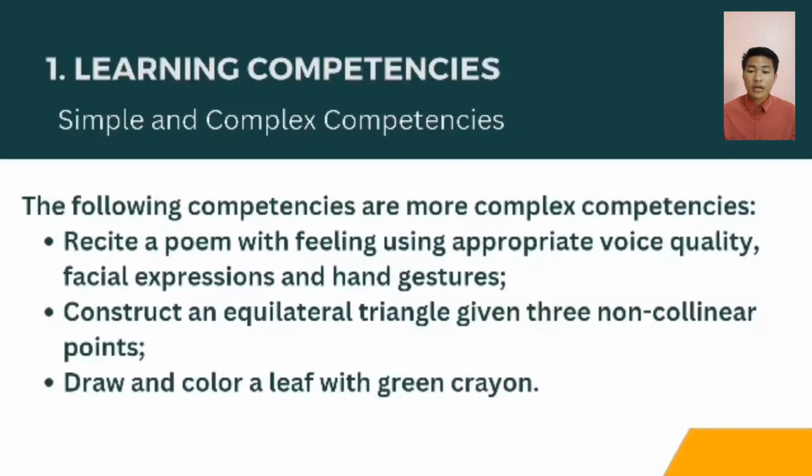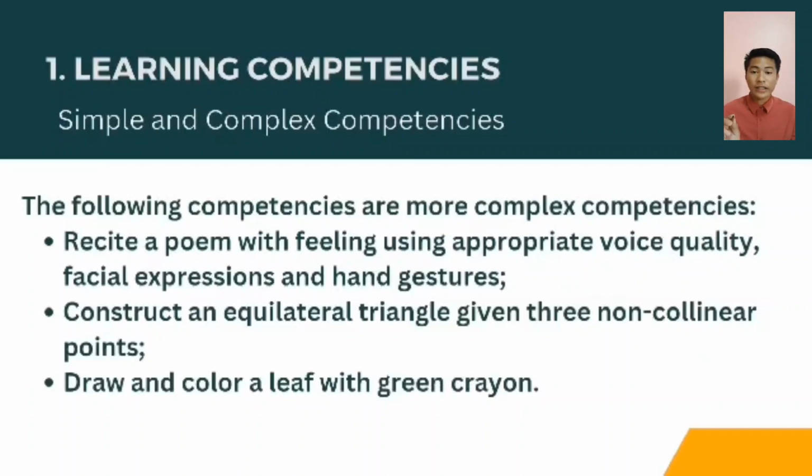So here, these competencies are complex because each consists of two skills. The first one, recite a poem with feeling using appropriate voice quality. So the skills here are to recite and to do it with feeling. So it involves two skills.